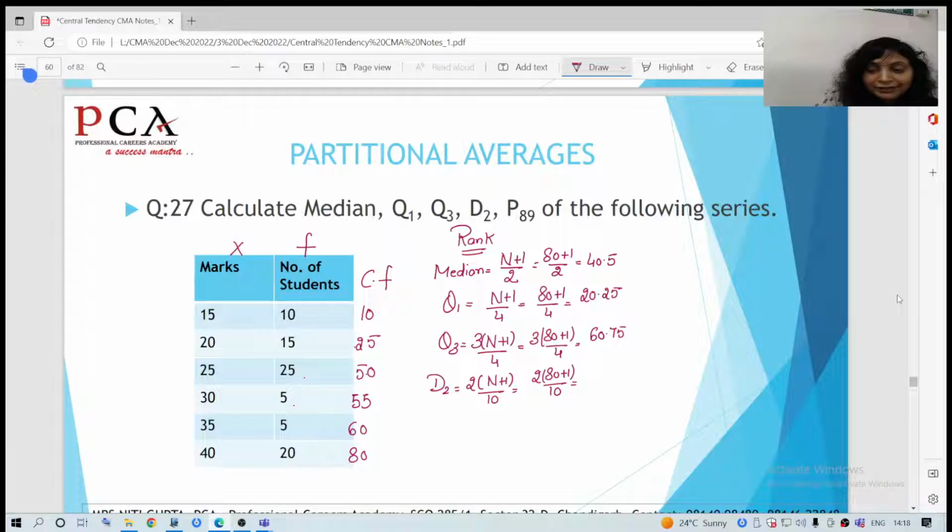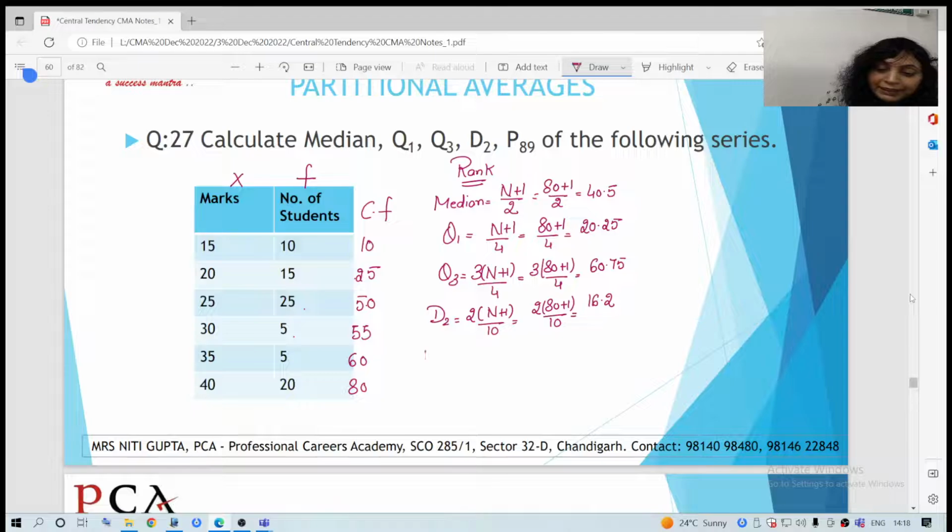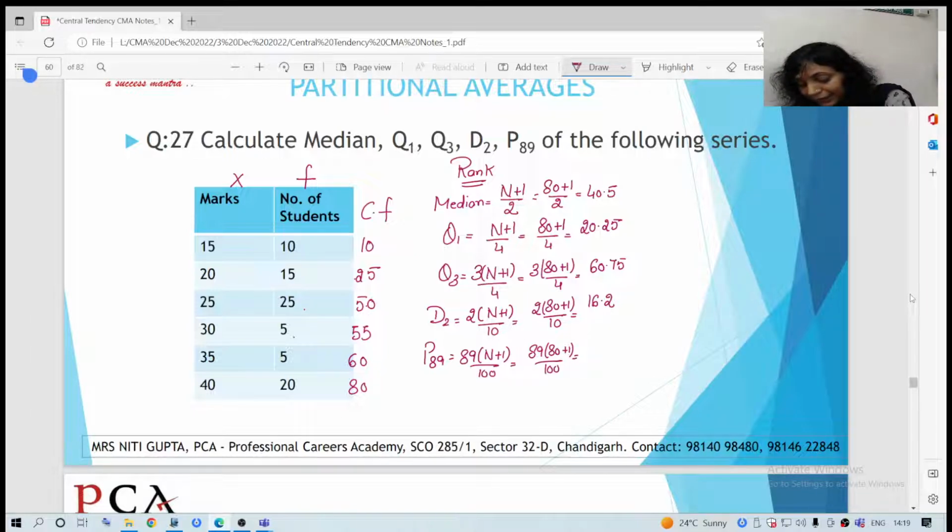So this is 81 into 2, 162, 16.2. And then we have P89, that is 89(n+1)/100. So this is 89 into (80+1)/100. If we multiply 89 with 81, the answer is 72.09. So we have computed the rank.